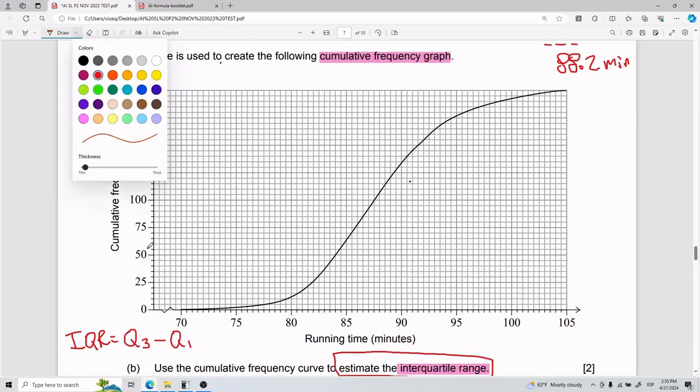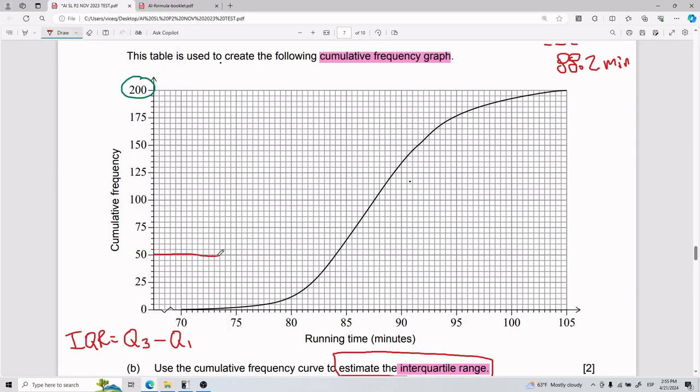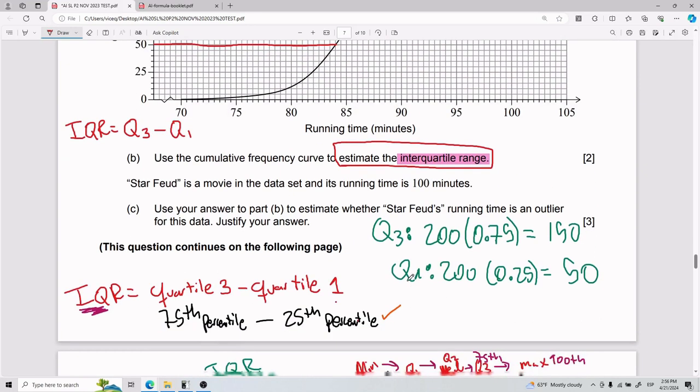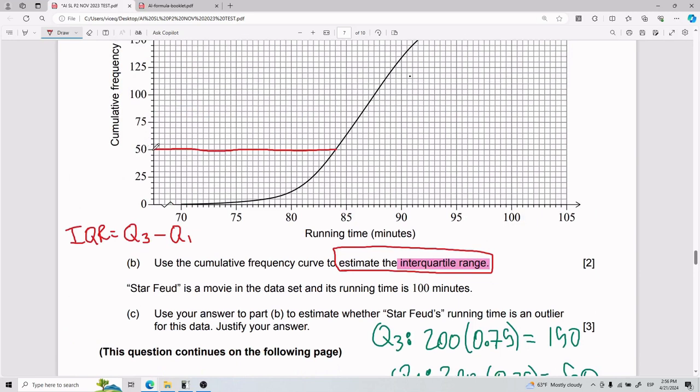So this guy here is going to be Q1, right? Notice Q1 is at 50. And so at 50, I have, it's probably just 84, right? Yeah, I would call this 84. So Q1 is 84, okay?